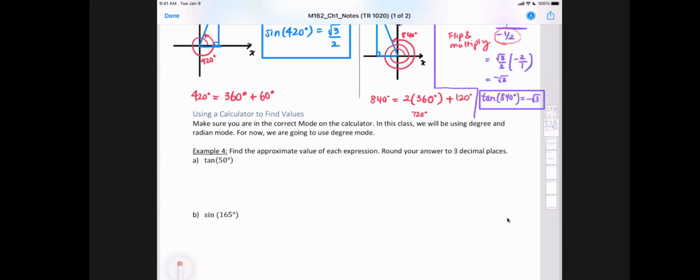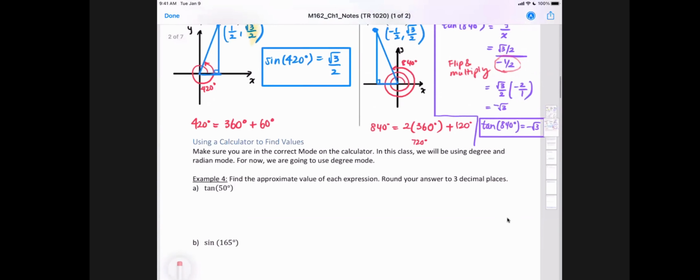All right. So using a calculator to find values, we've been doing this with some of the previous examples. But later in today's class, we're going to find out that there's another way to measure angles. It's called a radian measure. We've been measuring these angles using a degree measure, and we'll introduce another way to measure called a radian measure.